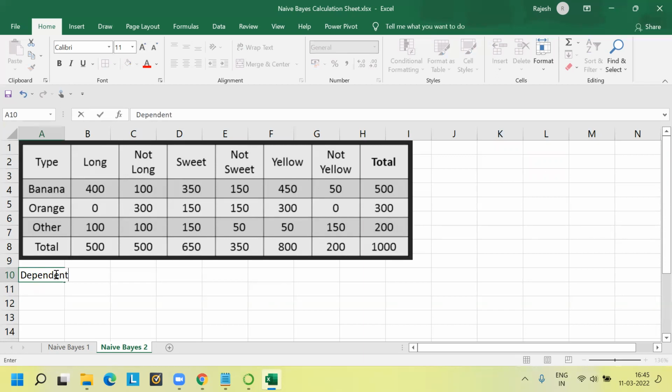And how many types of fruits are there? 3 types of fruits: banana, orange, and other. This is a multinomial problem. What are the independent variables? The independent variables are long, sweet, and yellow.